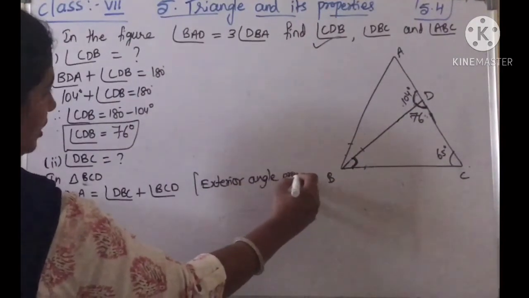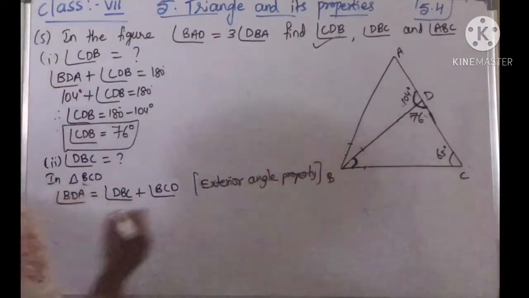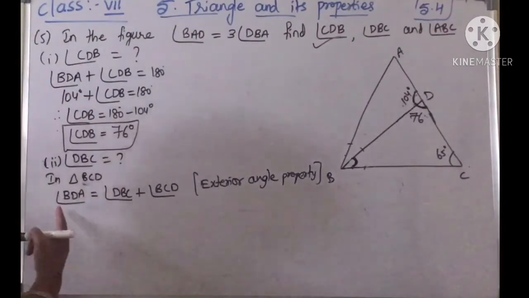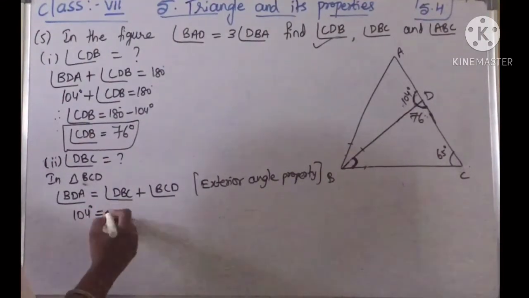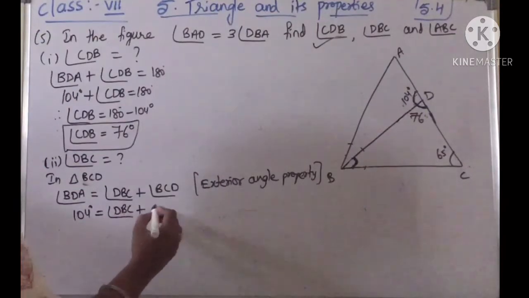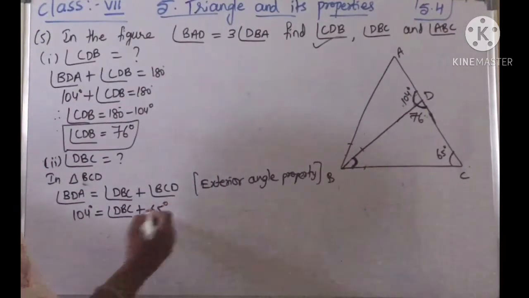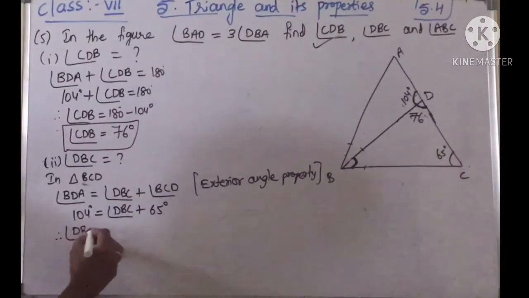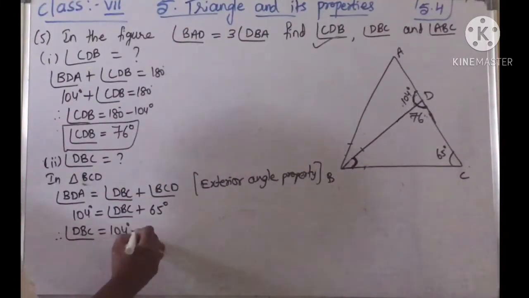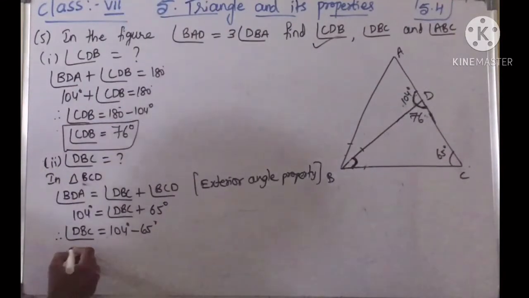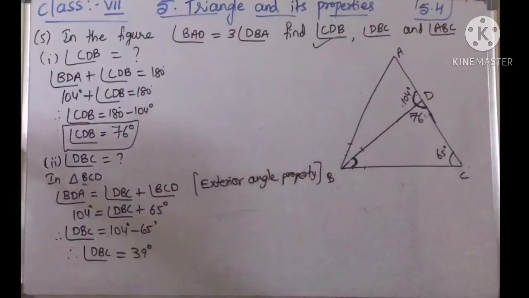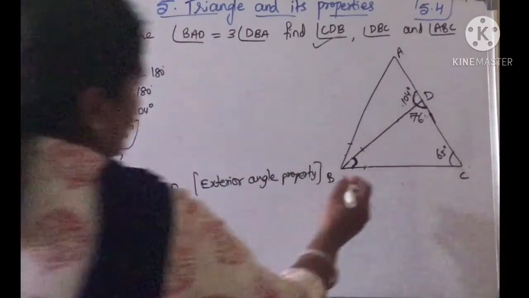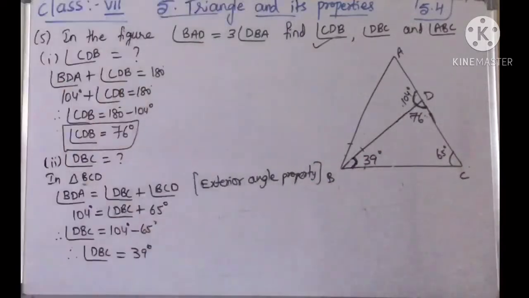You know, the exterior angle is equal to the sum of the two interior opposite angles. So BDA is how much? 104 degrees is equal to DBC, we don't know, plus BCD is 65. Therefore what is DBC, children? 104 minus 65. How much is 104 minus 65? 39 degrees. So angle DBC is nothing but 39 degrees.